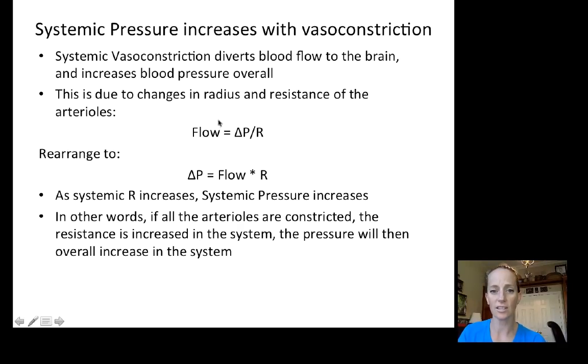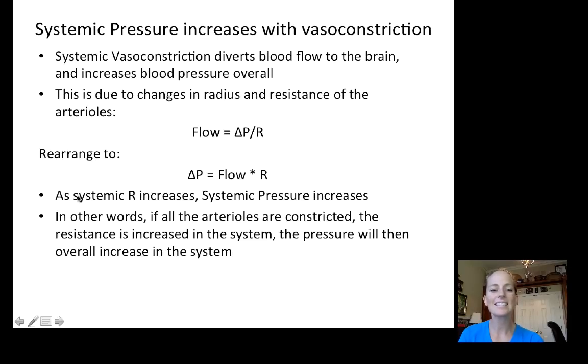This is due to changes in the radius and resistance of the arteriole, so we can go back to our flow equation. Flow is the change in pressure over the resistance, and we can now rearrange that. If we want to look at the change in pressure of the whole system, we can rearrange this by multiplying resistance over to the left side of the equation. What we get when we rearrange it is that the change in pressure is equal to the flow times the resistance.